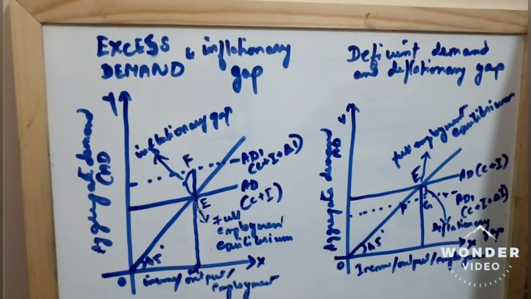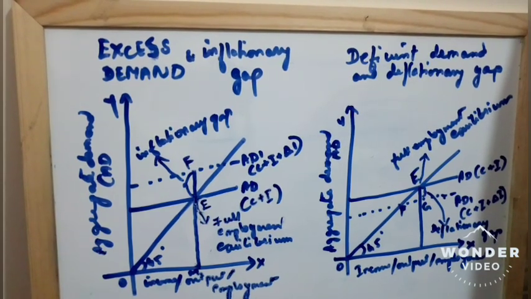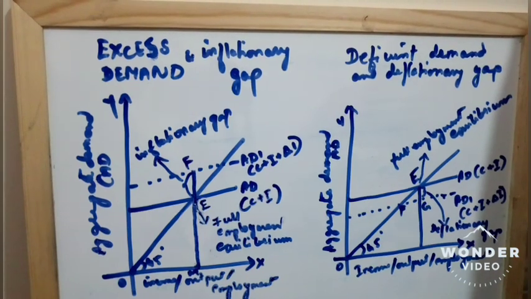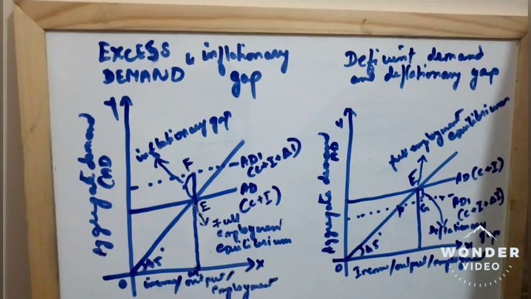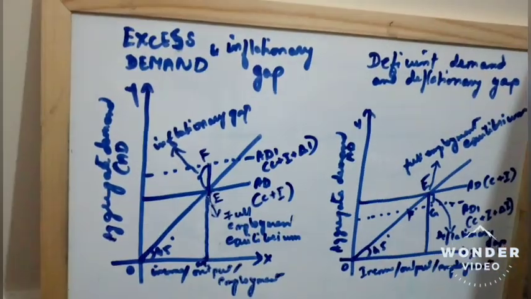So during excess demand, you find there is inflation. There is no change in employment. That is why the price increases during this time.